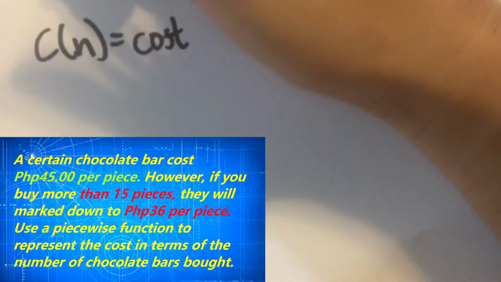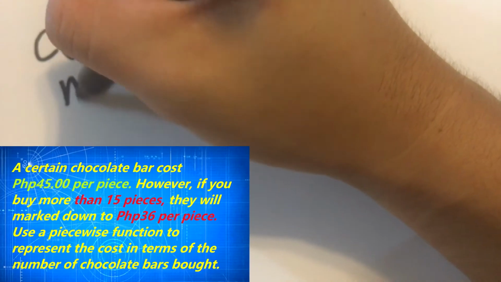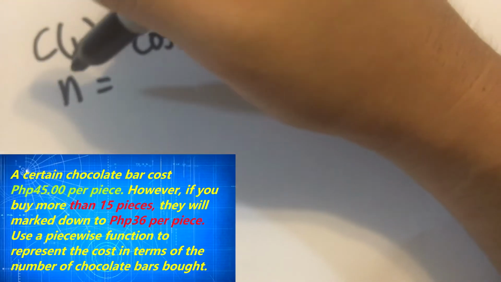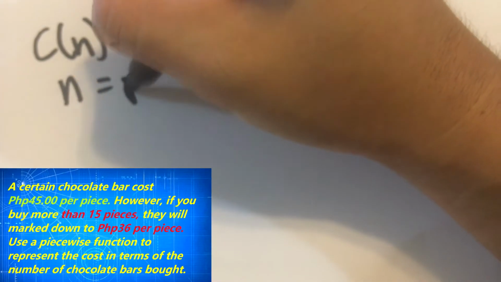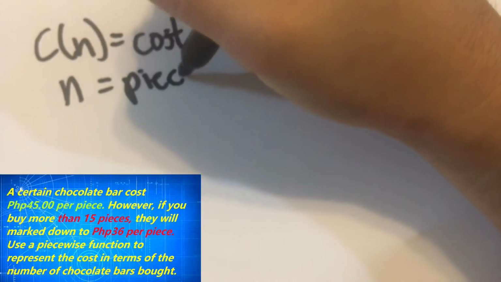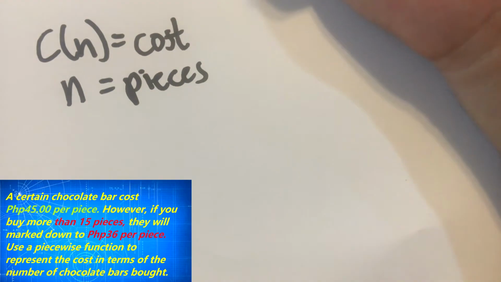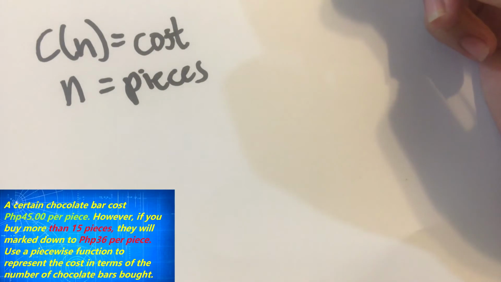And then n is the number of chocolates that you will buy, in pieces of chocolates. To write a piecewise function model, we will just automatically combine both cases.